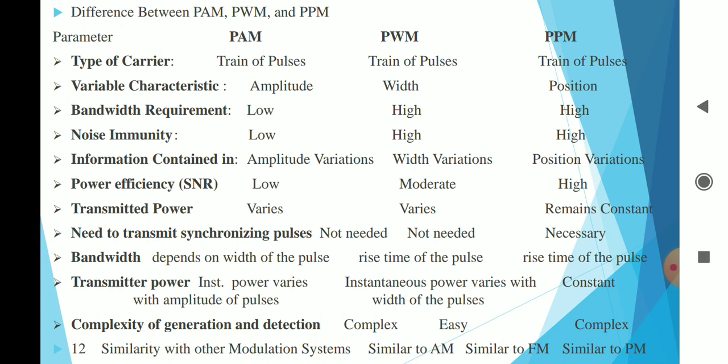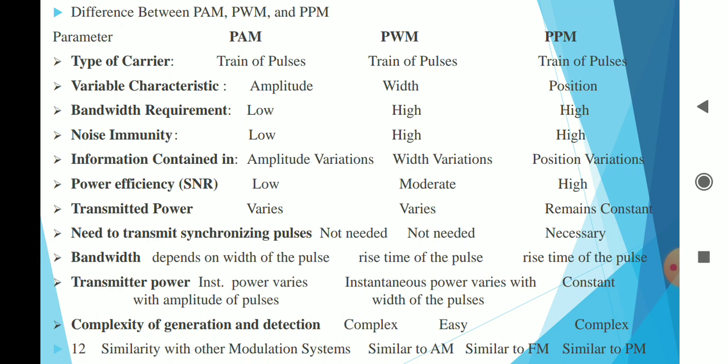Noise and information are contained in amplitude variations, width variations, and position variations, and power efficiency, that is signal to noise ratio, is similarly low, moderate and high. Transmission power varies and is constant.